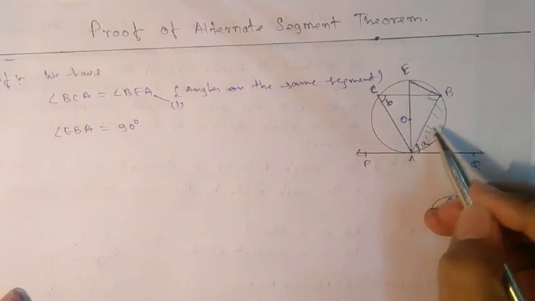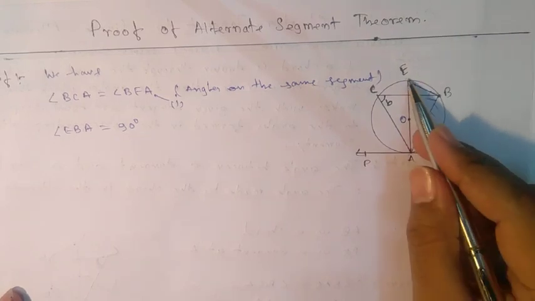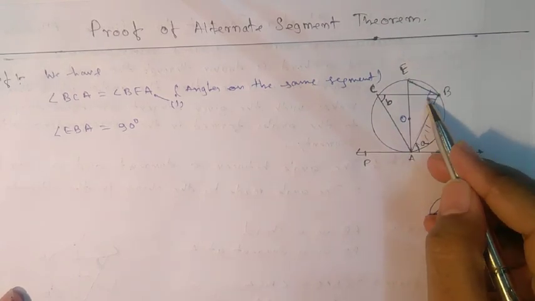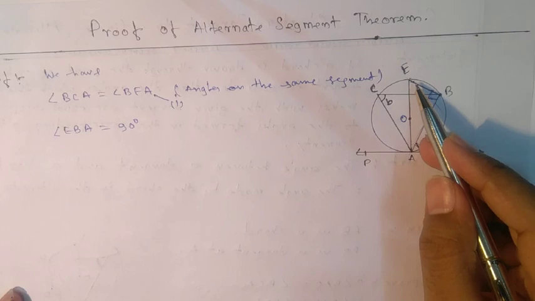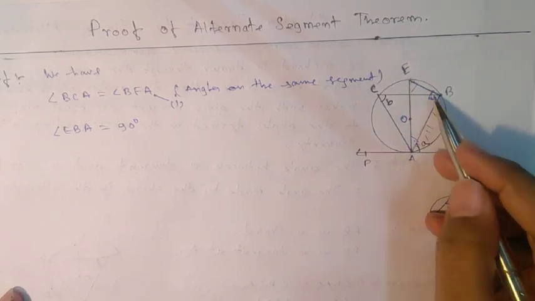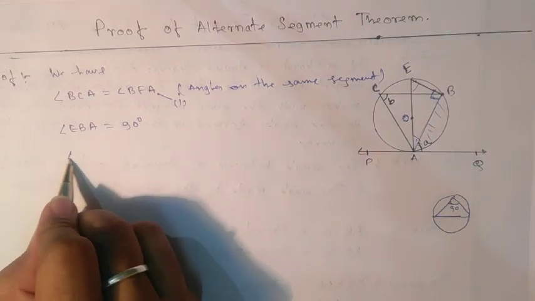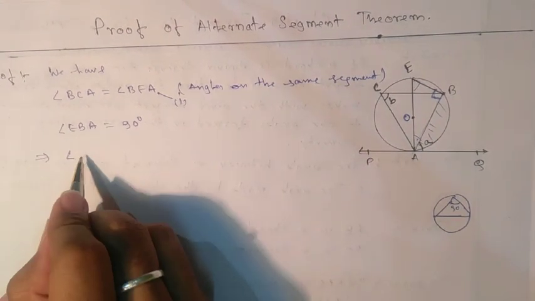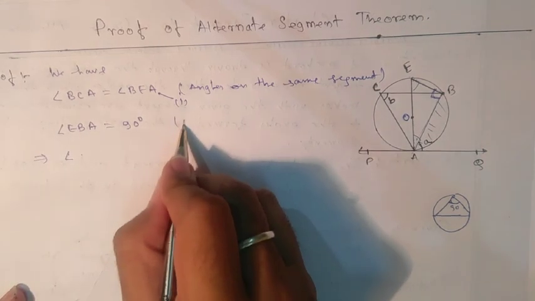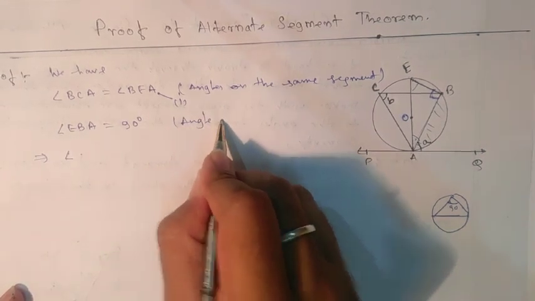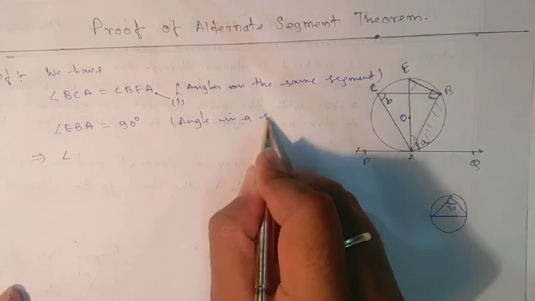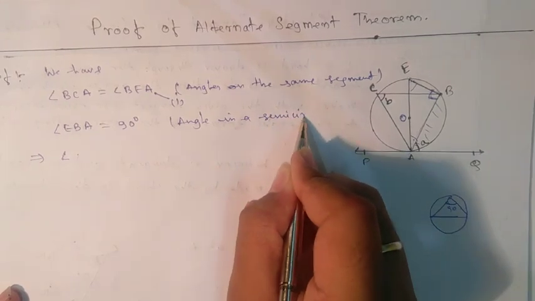Now if we go through triangle BEA, with one angle 90 degrees, then the sum of these two angles must be 90 degrees. Why, sir? Angle sum property. We mention here angle in a semicircle.